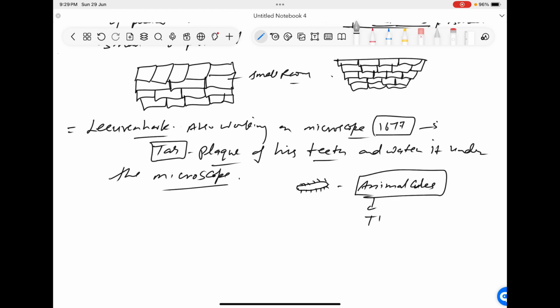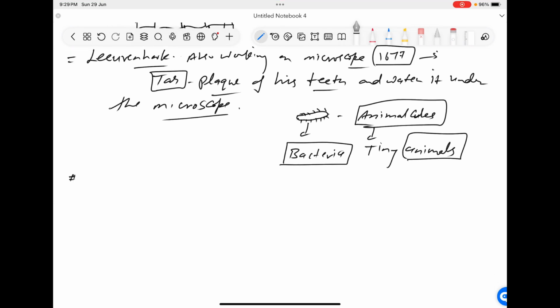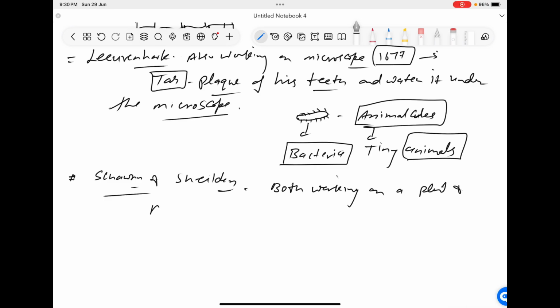Later on, Mr. Schwann and Schleiden, both working on plant and animal cells, Schwann mainly on plant cells and Schleiden on animal cells, found that all plants are made up of cells, and similarly all animals are made up of cells.